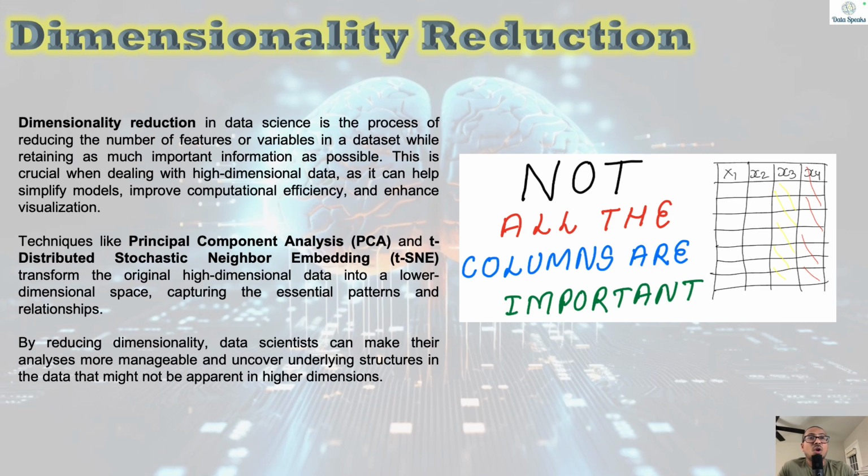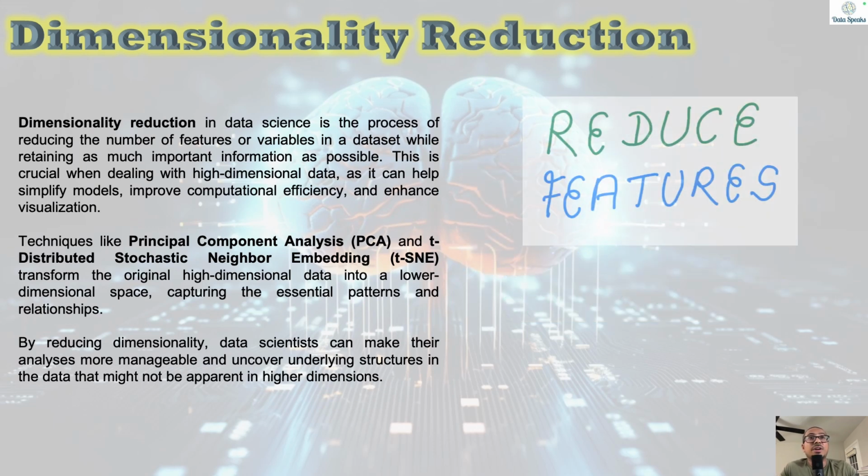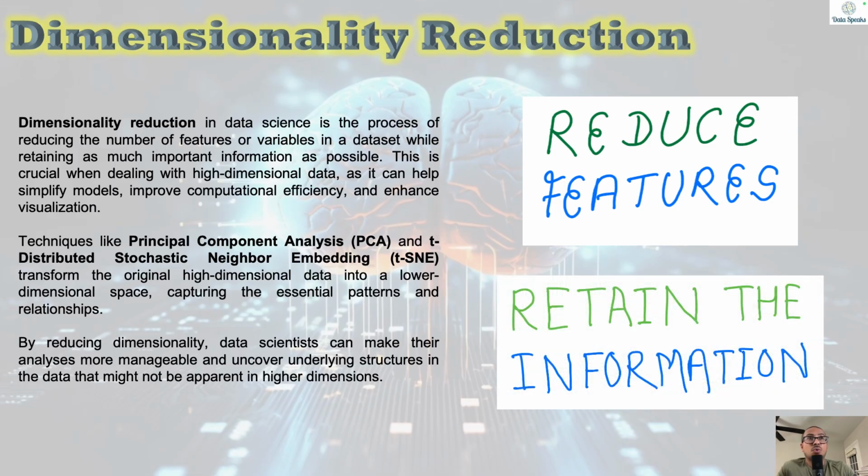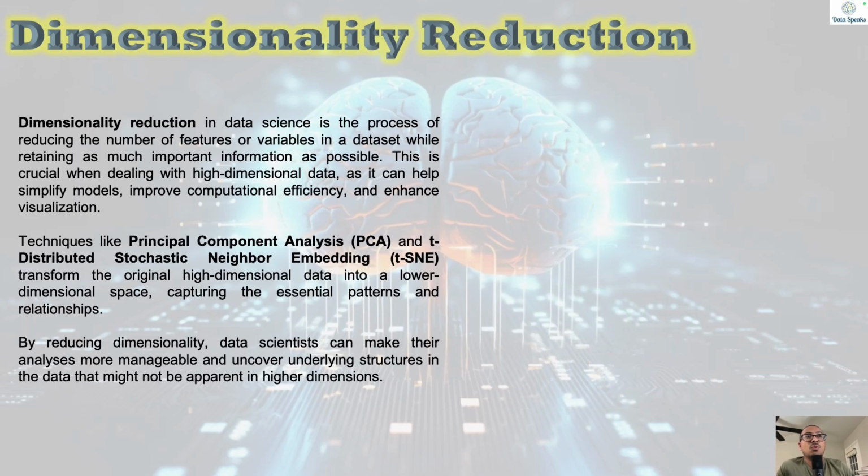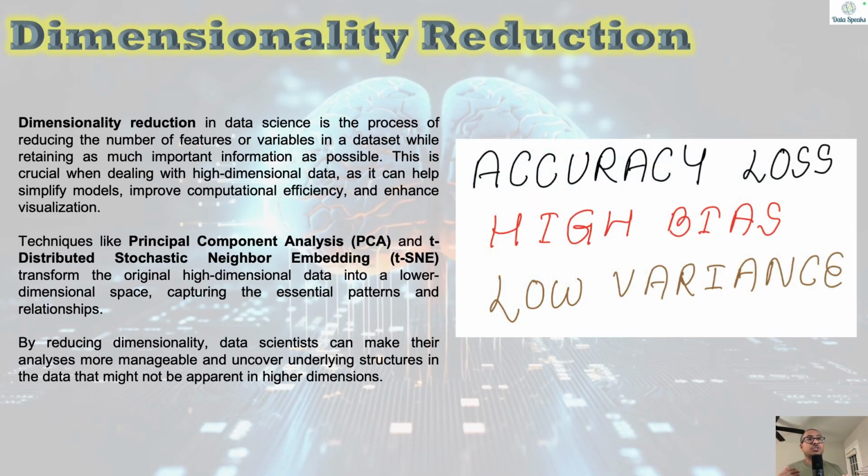By saying that, what we want to do is reduce the number of features whenever possible, but we also want to make sure that we do not lose a lot of information from the data. If we do that, the model will not be able to get trained with the necessary information it needs to learn from.